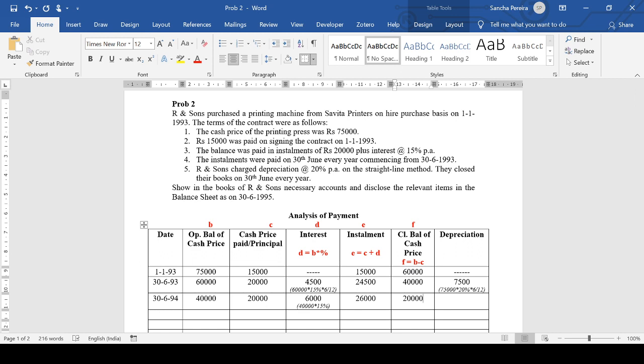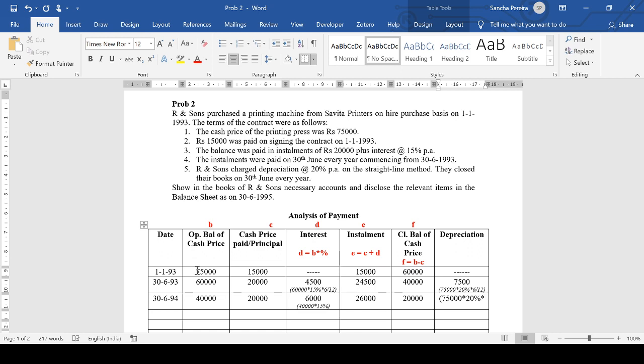Okay. Now going to the depreciation. Again, when we say depreciation on straight line method, it's always calculated on the original cost. Every year it's calculated on the original cost. So this year the depreciation is going to be again 75,000 into 20%. Again, do I have to put 6 by 12? There's no need.